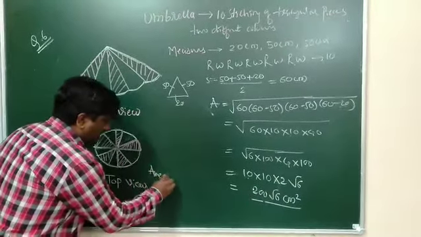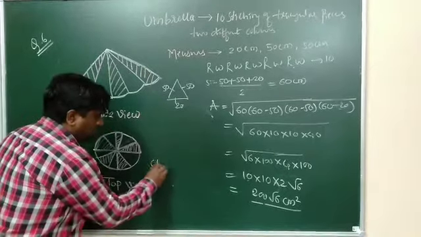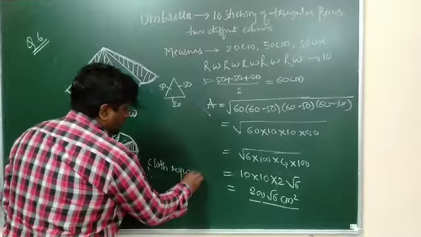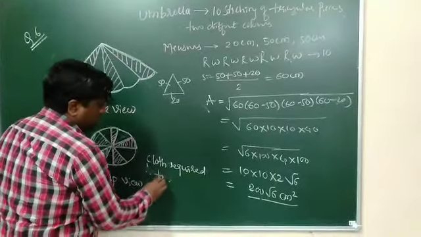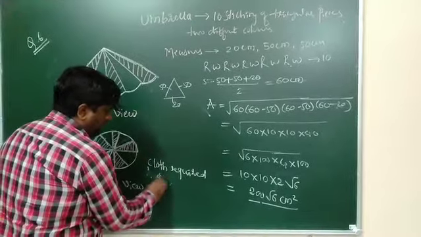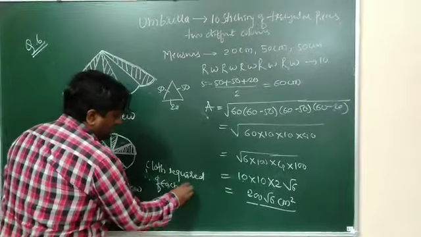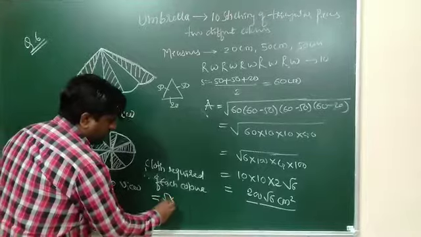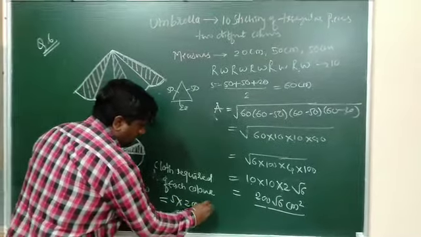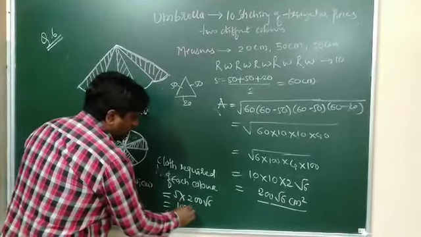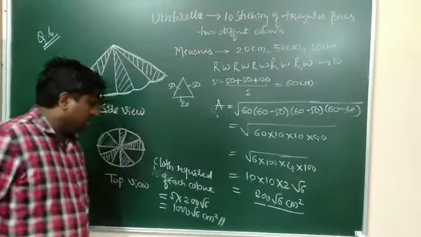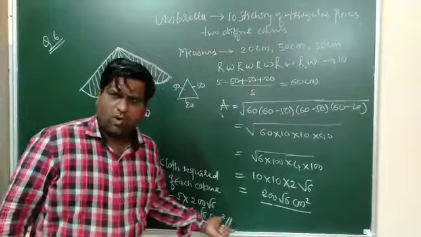So the area of cloth required of each color is 5 into 200 into root 6. So that is 1000 root 6 centimeter square. Either it may be red or white.